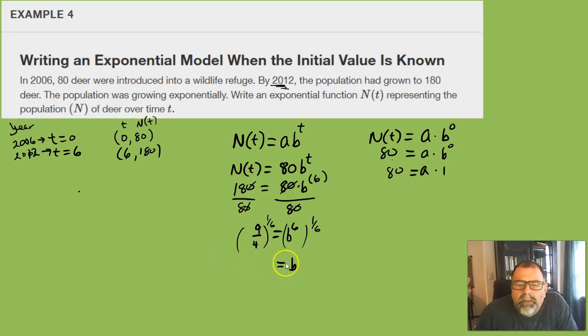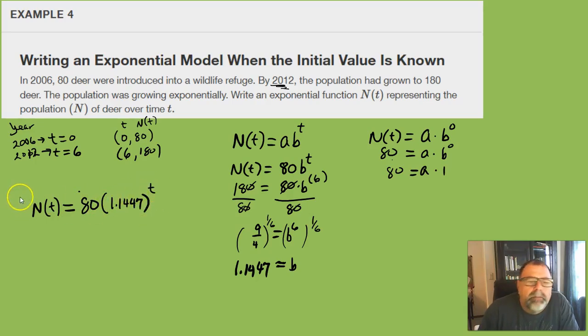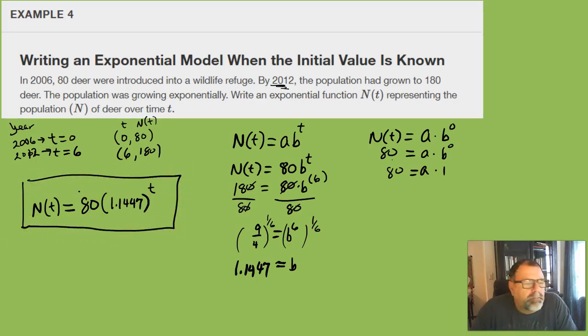So b is about, put there squiggly lines, 1.1447. Okay, so now we can write our function. So the last step, we put in the a, and then the b is 1.1447, and then to the t. And that's our equation for the population of deer.